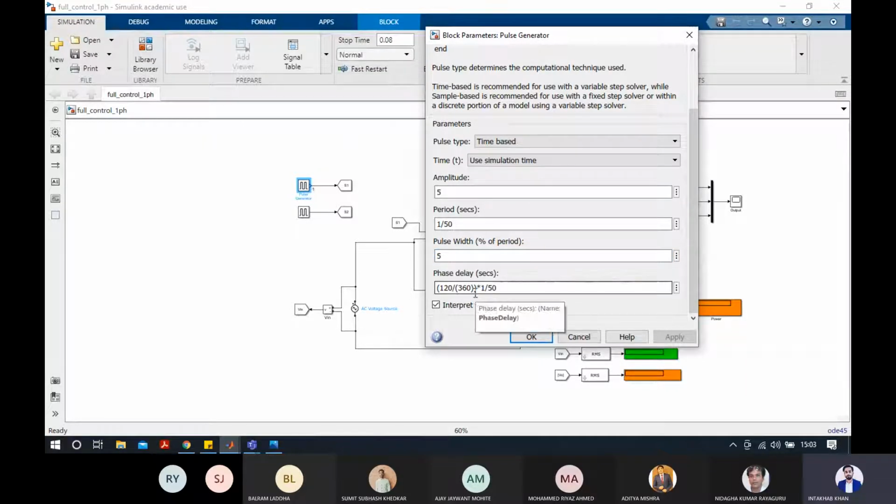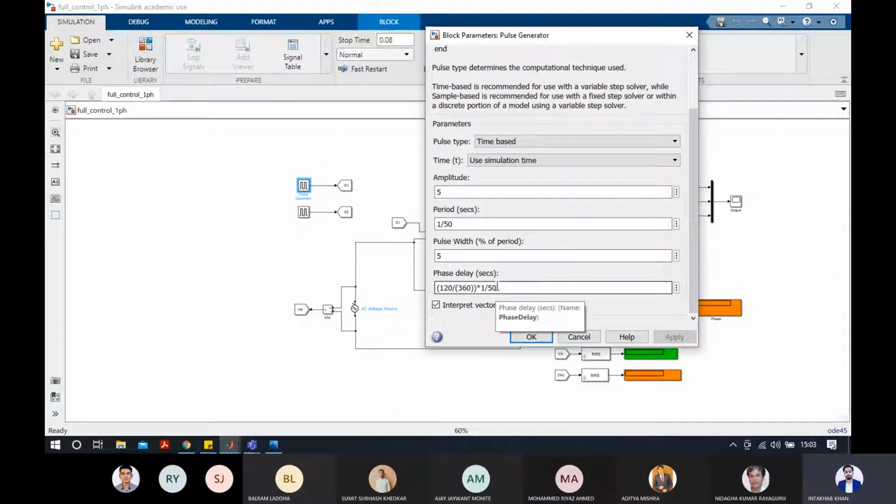Here, for this pulse, the signal delay is 120 degree. The conversion is exactly the same as I explained yesterday. For the time period, we can find 1 by 50.